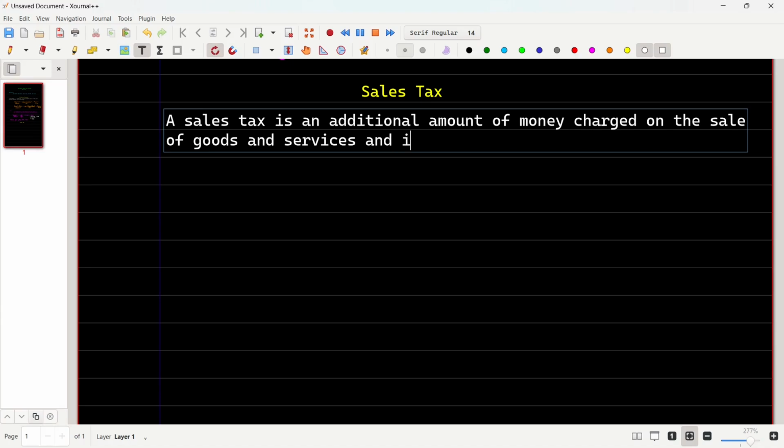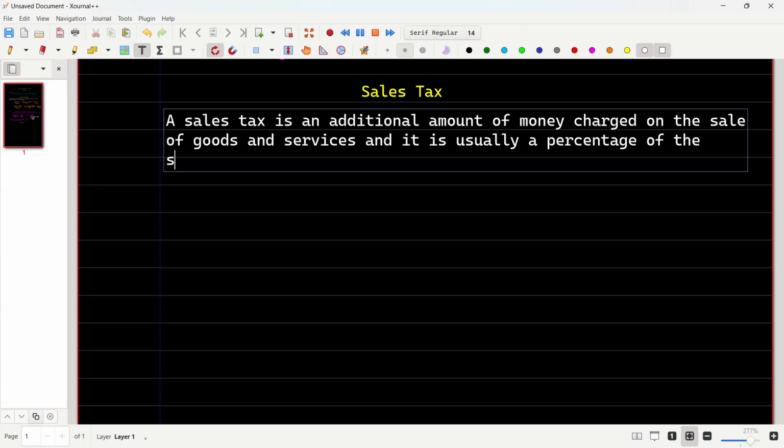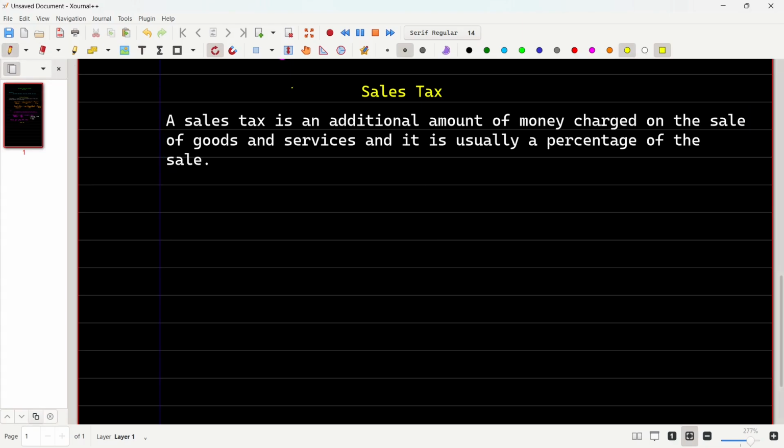And it is usually a percent of the sale. So if we want to find out the sales tax, I will write it out in a formula color, let me put it orange.